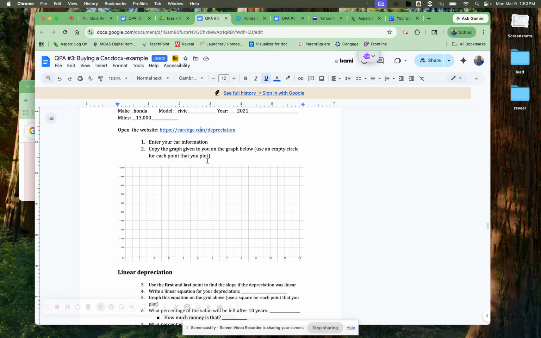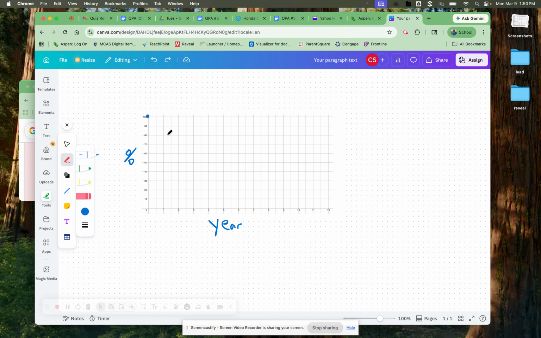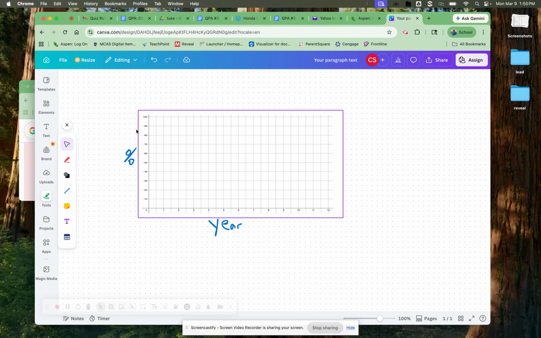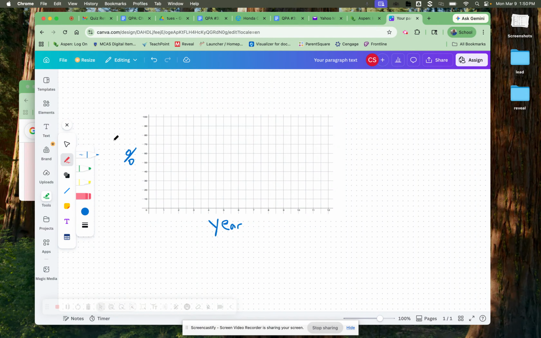It says use an empty circle for each plot. I promise it'll make sense later why we're doing an empty circle, because you're going to do multiple graphs in this same section. We're going to put an open circle, just like that.